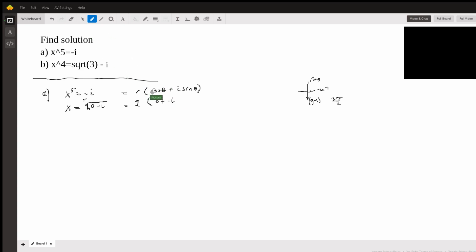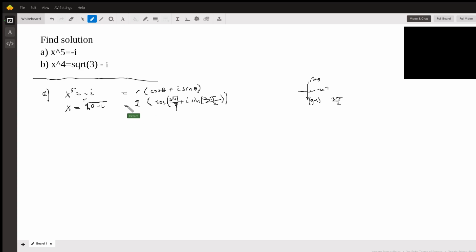So let me write an interim step: cosine 3 pi over 2 plus i sine 3 pi over 2. I'm just showing you how these two forms, this rectangular form here and the trigonometric form, are equivalent to each other.